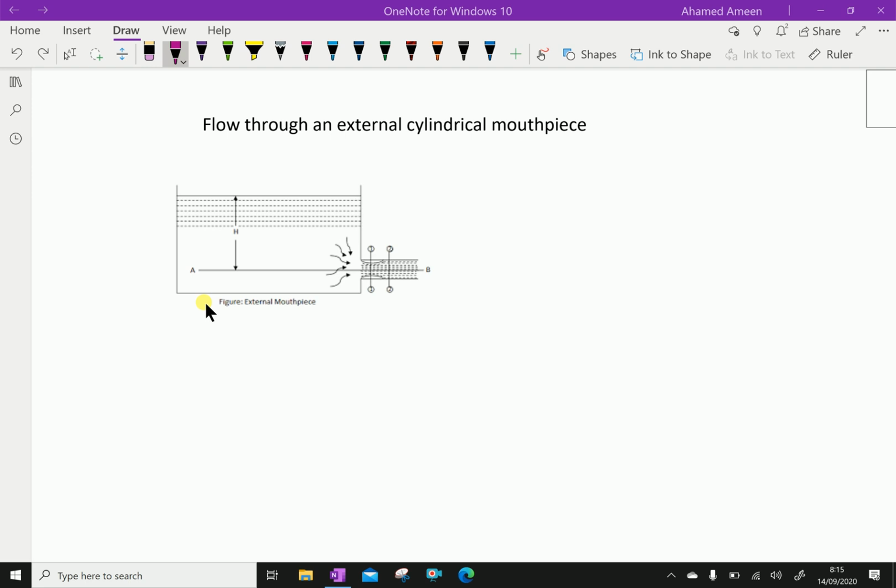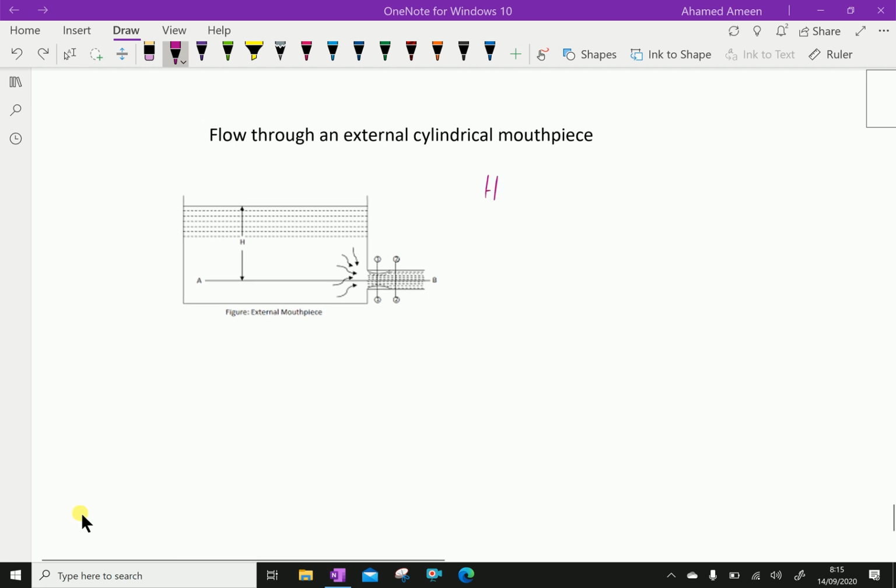Now consider a tank. The water level is height H above the center axis of the mouthpiece. Let H equal height of liquid above the water surface.